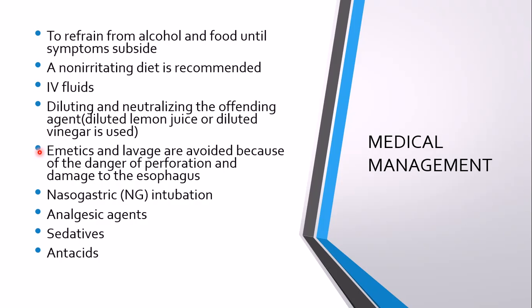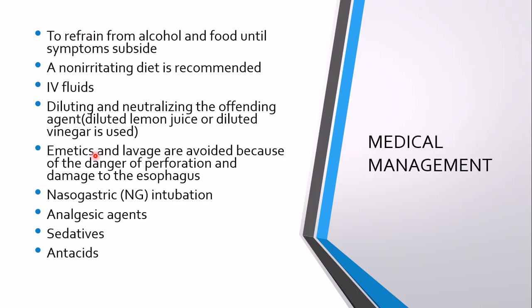Then emetics and lavage. Lavage is a stomach wash. Emetics are those which we take in case of nausea and vomiting. So we say that we should not give emetics and lavage. Sorry, not bowel wash, it's stomach wash. So these two things are avoided.